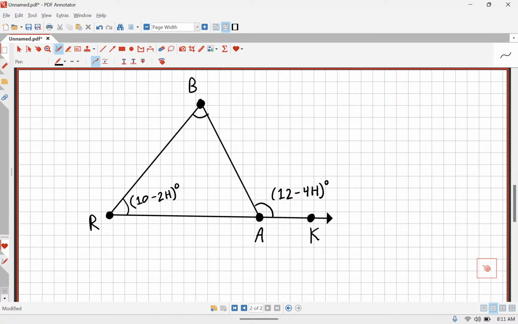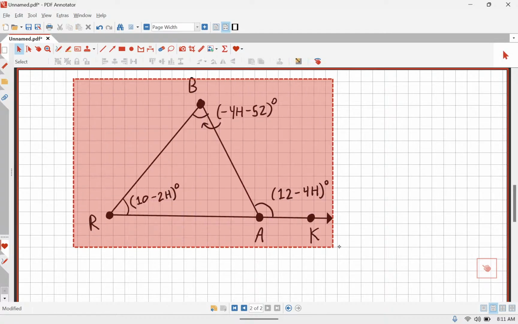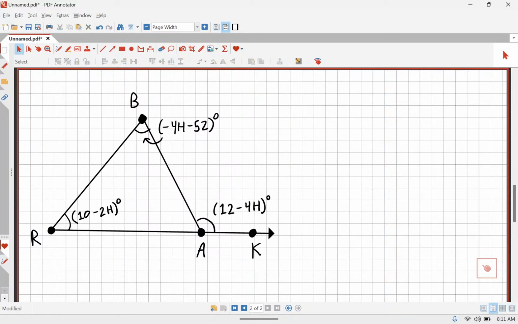And the measure of angle B is, hang on, negative 4h minus 52 degrees. That's all I'm telling you. I want the value of h and I want the measure of all the remaining angles. See what you guys can do and teach.